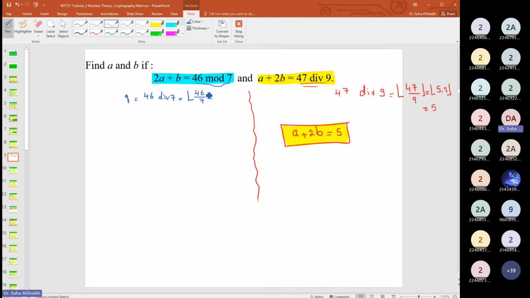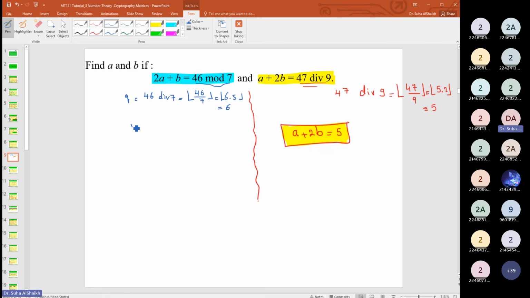On the calculator, 46 over 7 gives 6.57. The floor of this one is 6.